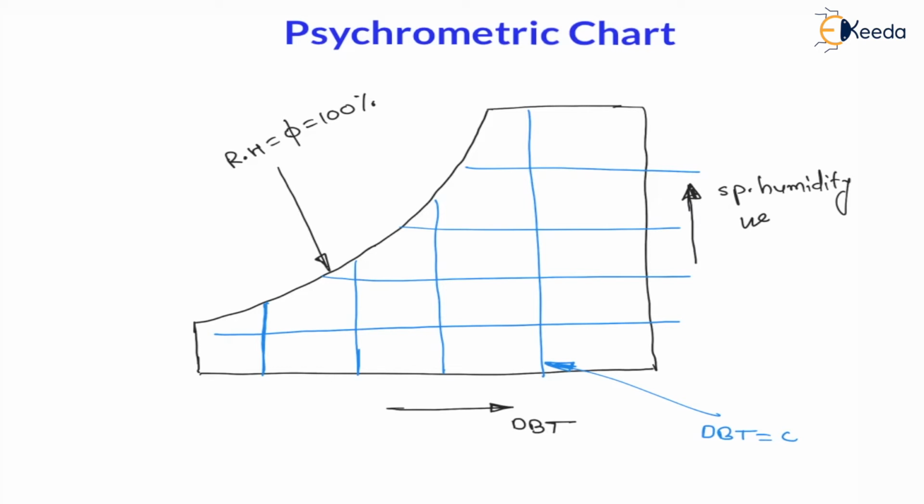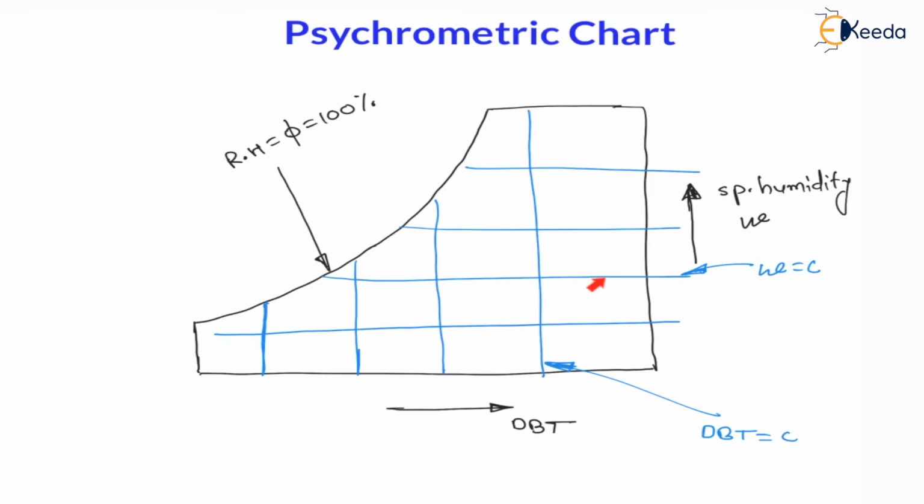Means if you consider any horizontal line, on this horizontal line at any point the specific humidity is constant. Here or here or at any location on this line the specific humidity value will be constant. Hence horizontal lines with uniform spacing on the psychrometric chart are called constant specific humidity lines.